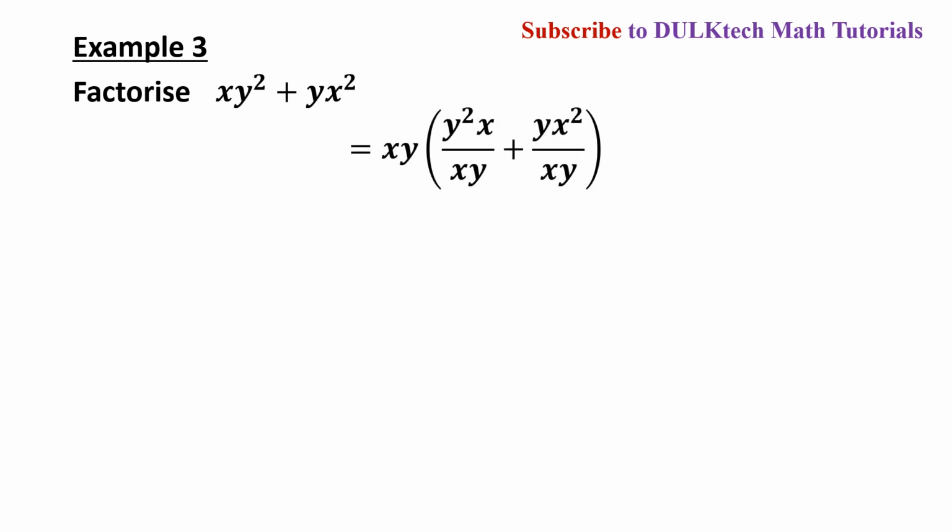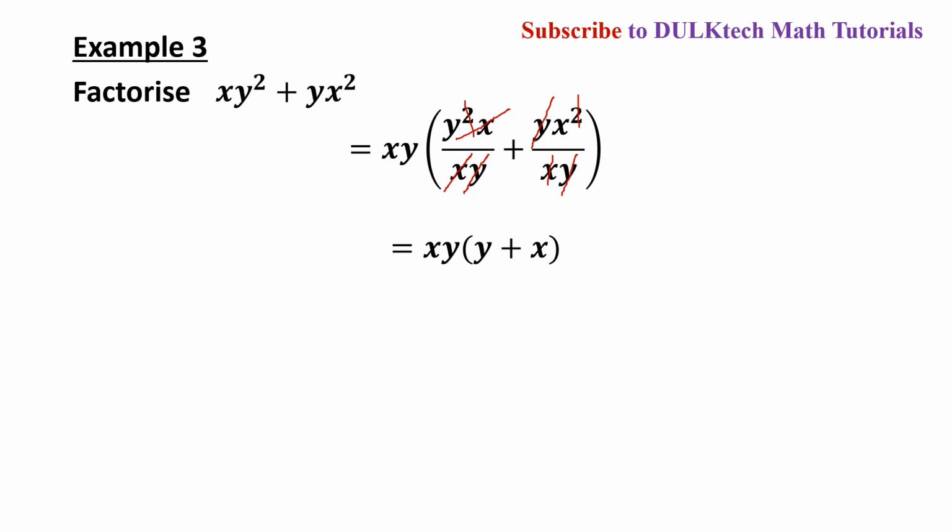Then from here we can cancel. This x and this x will go, this y will cancel with one of the y's, so we remain with y only. This y and this y will go, this x will cancel with one of the x's, so we'll remain with y plus x in the bracket. So our final answer is xy factor of y plus x.